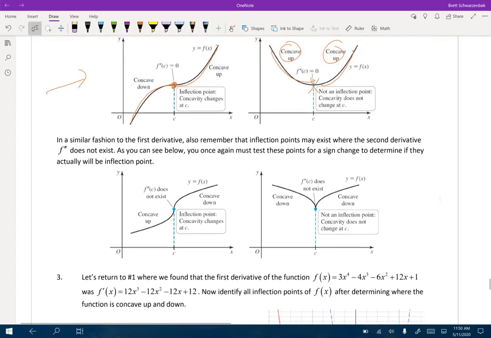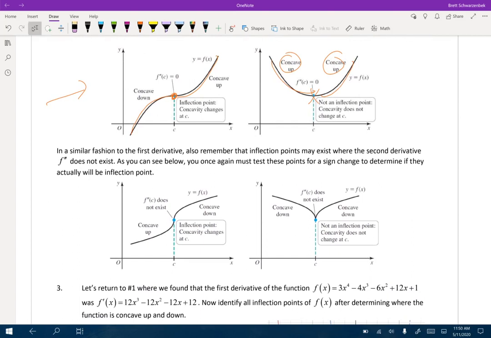Same thing here with the second derivative, so let's say at this point here. This is an example of a vertical tangent. The second derivative fails to exist here, but it is an inflection point. So it's a very fine line. It can be a little confusing, but basically it is an inflection point because the concavity changes sign.